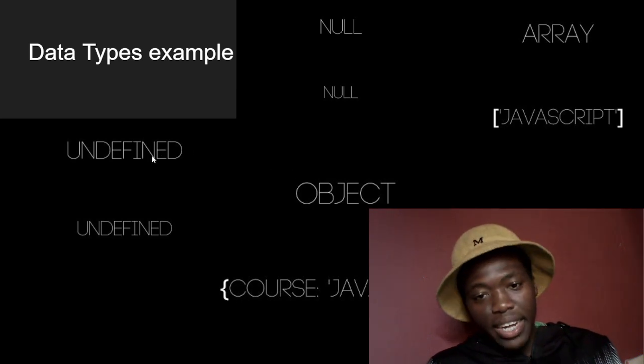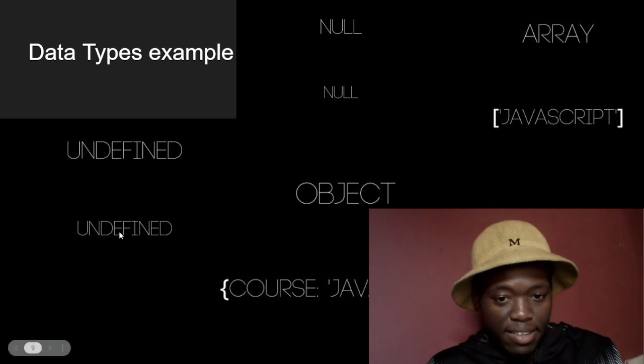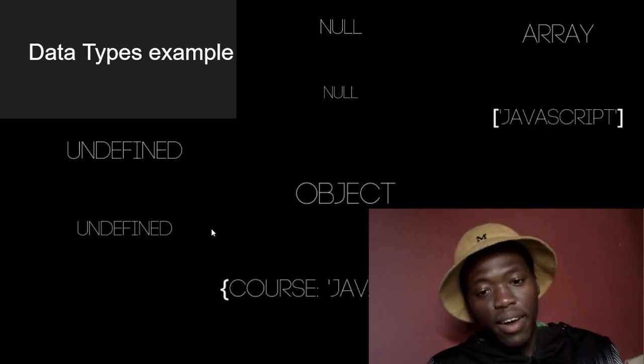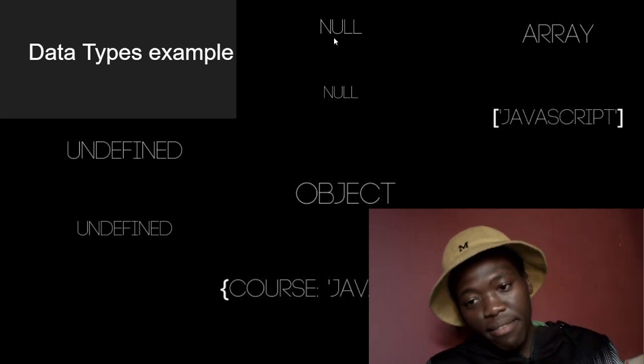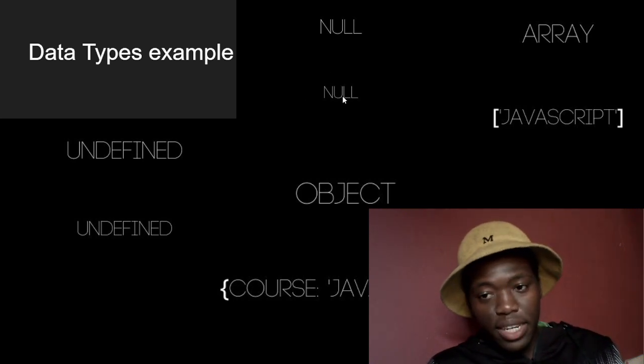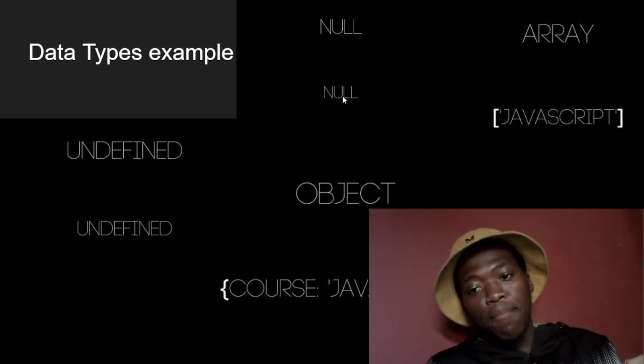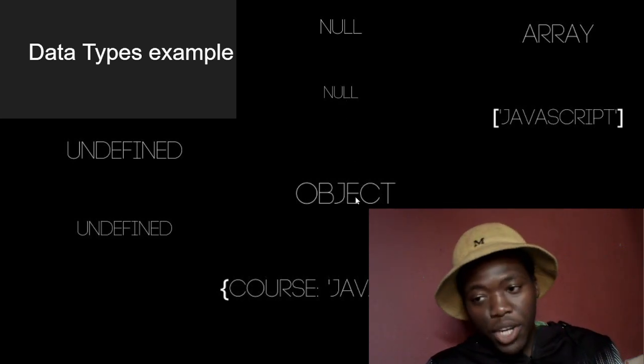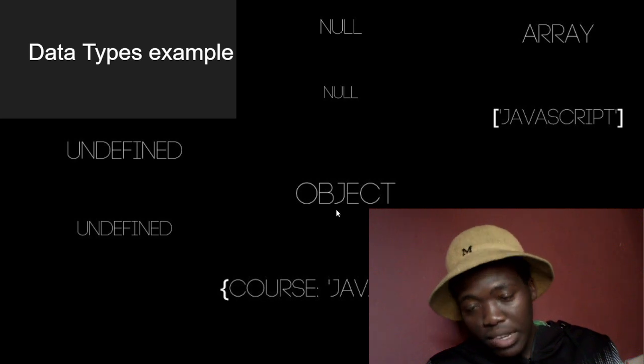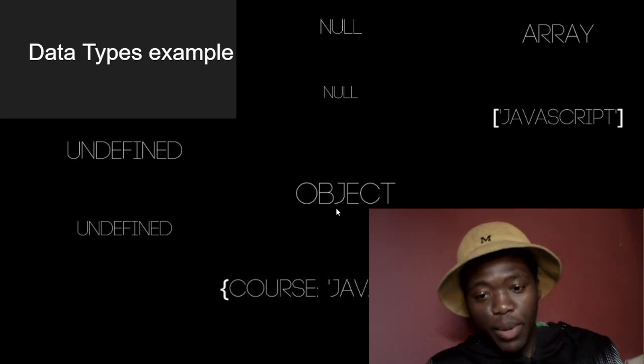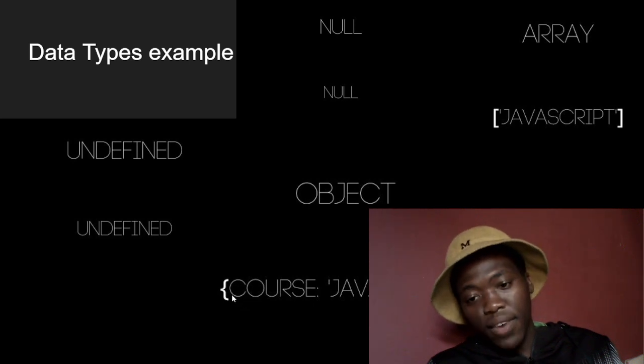Which is undefined. It's exactly as it is, undefined. It does not have quotes or anything. And then we have null, which is also similar to undefined. It does not have quotes. And then an object. An object consists of key value pairs wrapped in curly brackets, right?